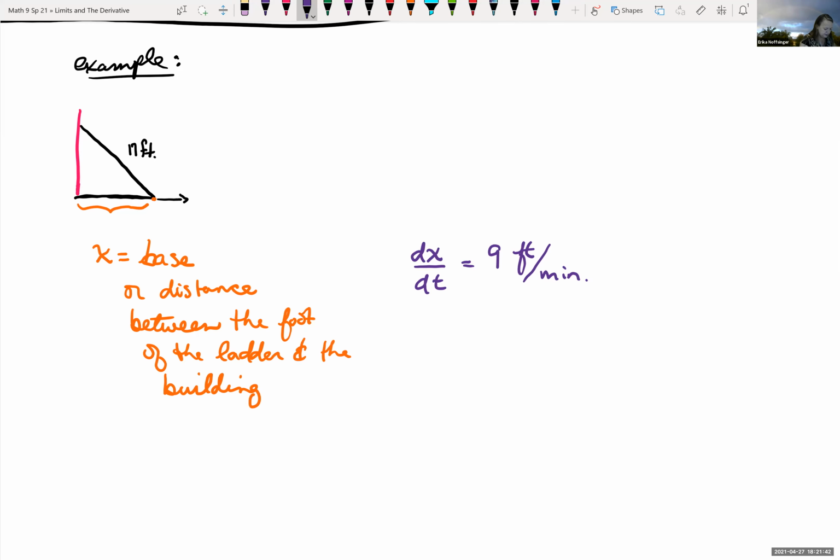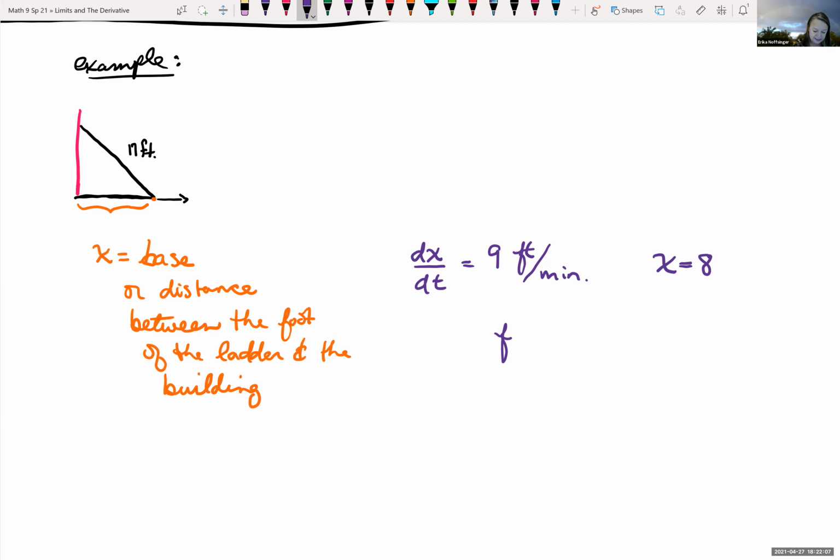Let's see what else we have. Find the rate at which the top of the ladder is sliding down the building, at the instant that the bottom of the ladder is 8 feet from the base of the building. Okay, so we know what x is. We want x to equal 8.